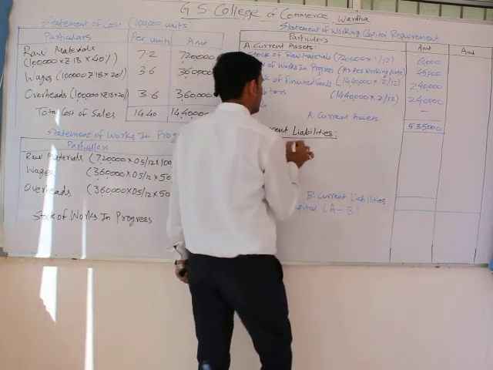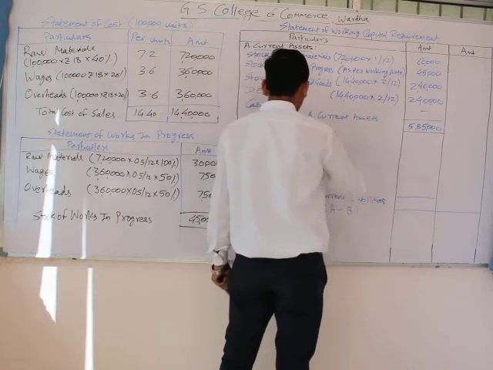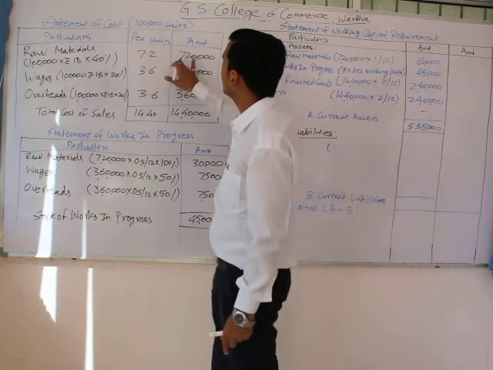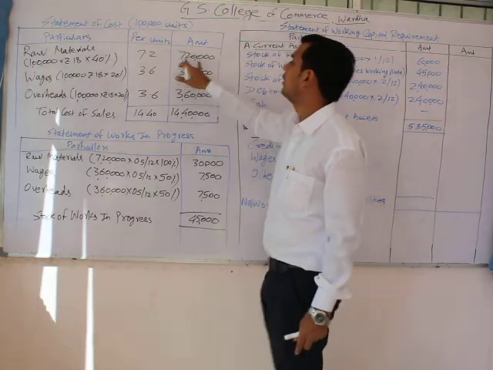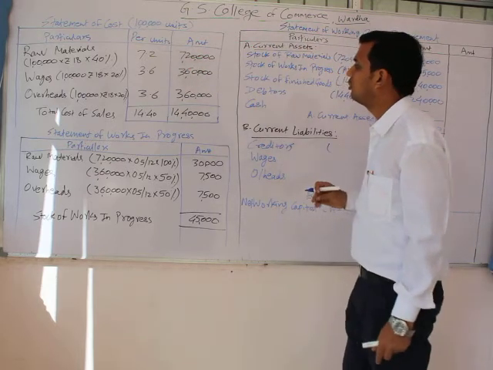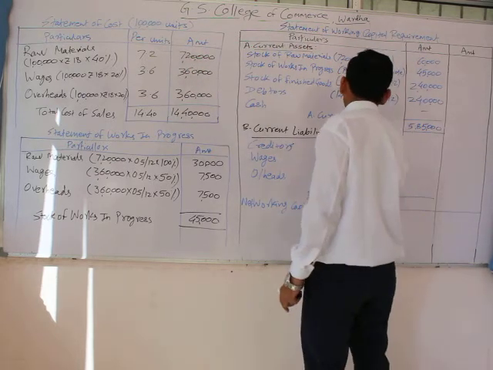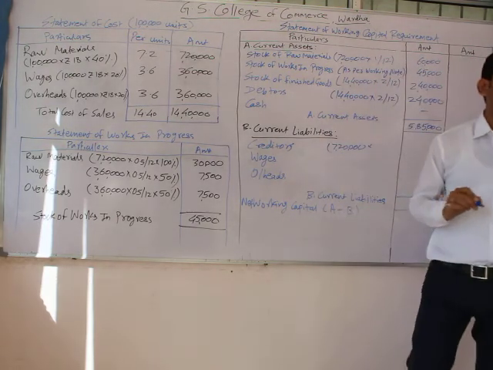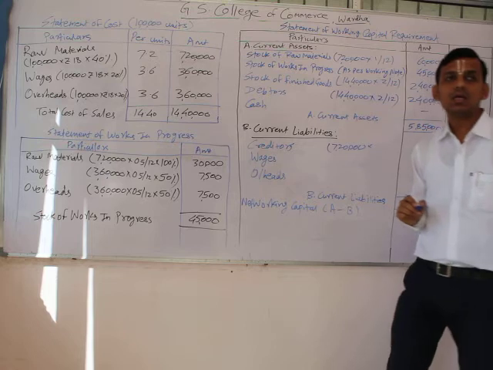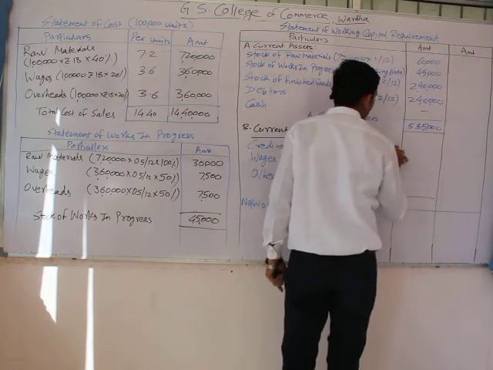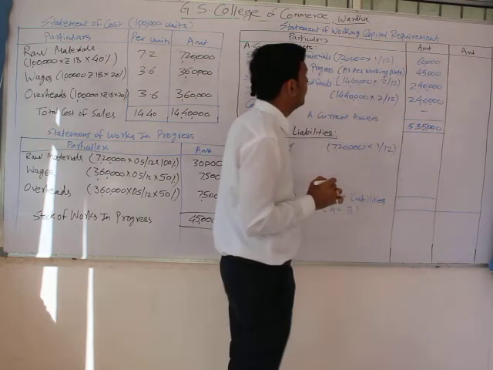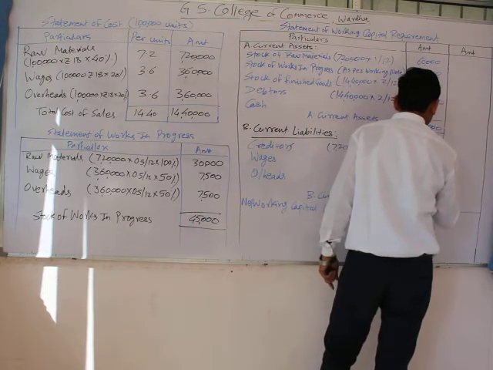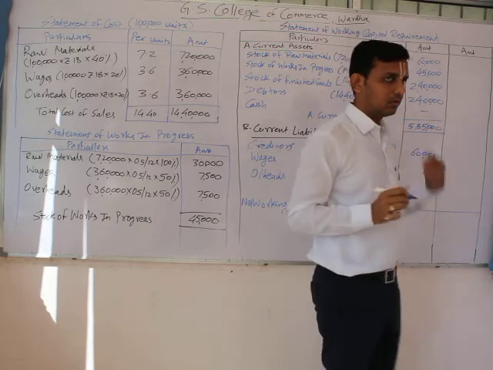Now we can move to the calculation of creditors. Creditors are the persons from whom we have purchased the raw material, that is 7,20,000 would be the amount for the calculation of creditors, into the credit period given by creditors, which is 1 month, into 1 divided by 12, it would be 60,000.